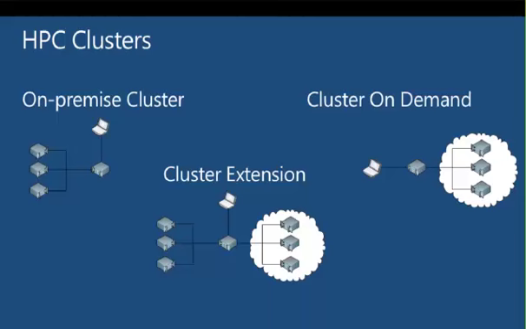So here are some of the use scenarios. One is that folks might want to just simply run a cluster on-premise, meaning that you have one head node which controls a bunch of server nodes or client nodes, and you're happily running and you don't need any resources in the cloud. So that's the traditional way of running things.